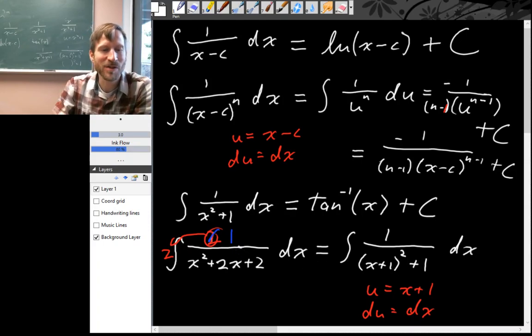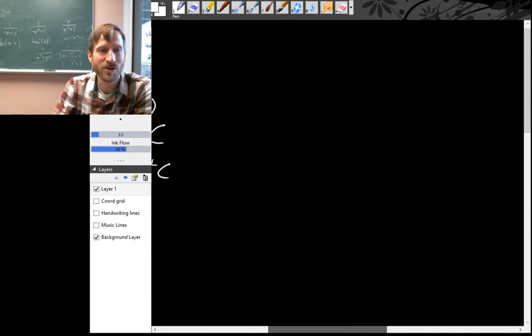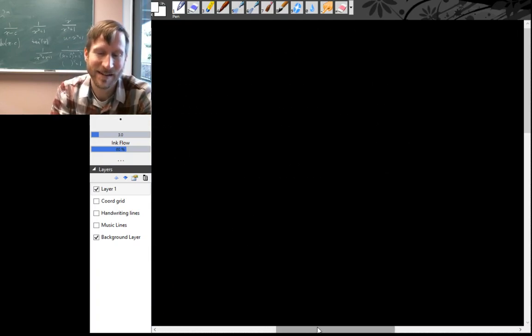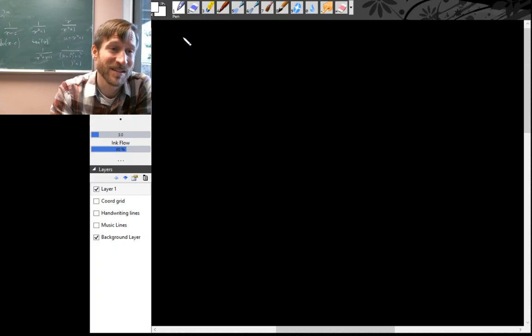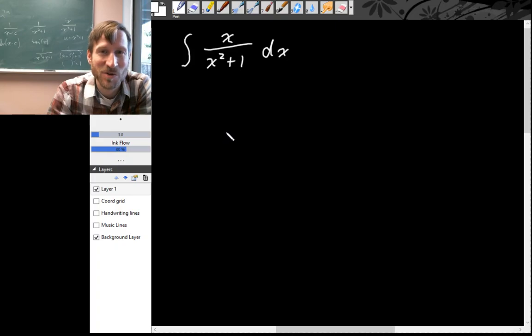But if you remember, there's one situation where the numerator isn't just a constant. If you have an irreducible quadratic denominator, like x squared plus 1, the numerator, sometimes it's a constant, but also sometimes it's a constant times x. So how can we handle the situation where there's an x in the numerator?